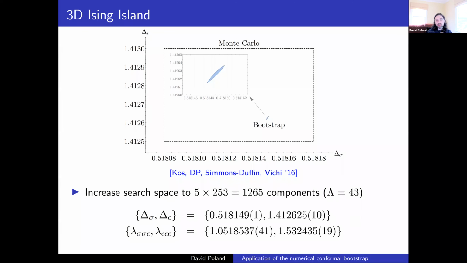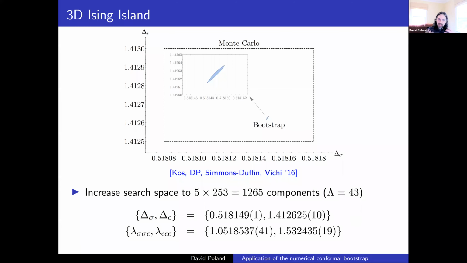Another approach, which I was going to mention more later, is called the extremal functional or extremal spectrum approach, where if you go to a boundary of the allowed region, then you can extract from the functional itself a spectrum of a solution to the crossing equations, which corresponds to the solution right on the boundary of the allowed region.